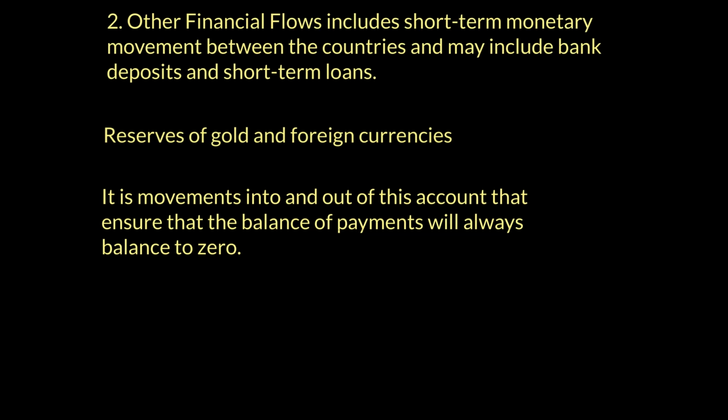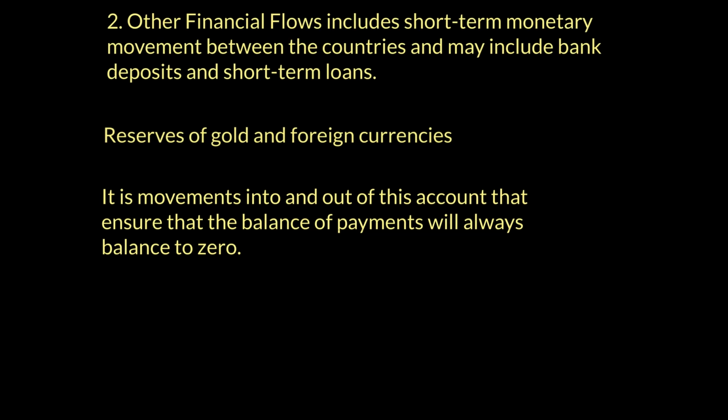So the official reserve account will go down, and we'll take that money from your reserve and park it in the balance of payment to meet any liability. So the idea is that current plus capital plus financial account should balance to zero, and if it doesn't, then your reserves will plug the gap wherever possible.